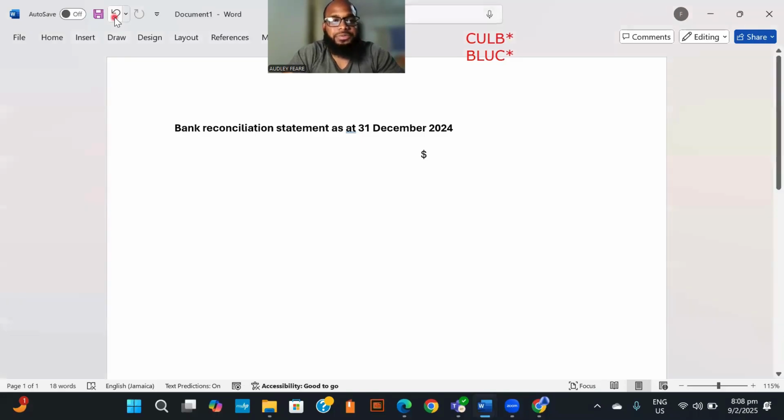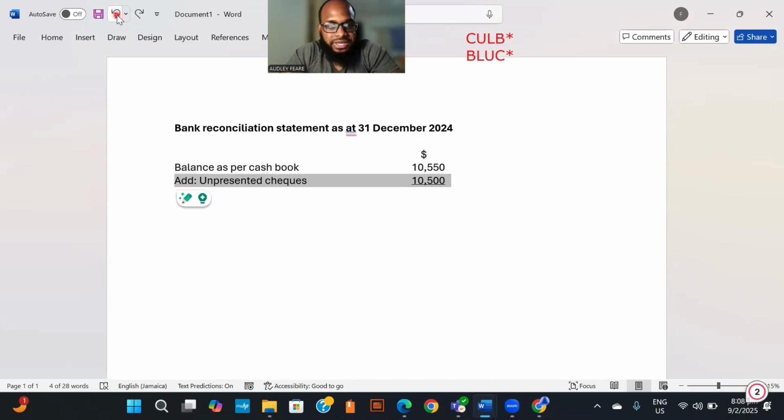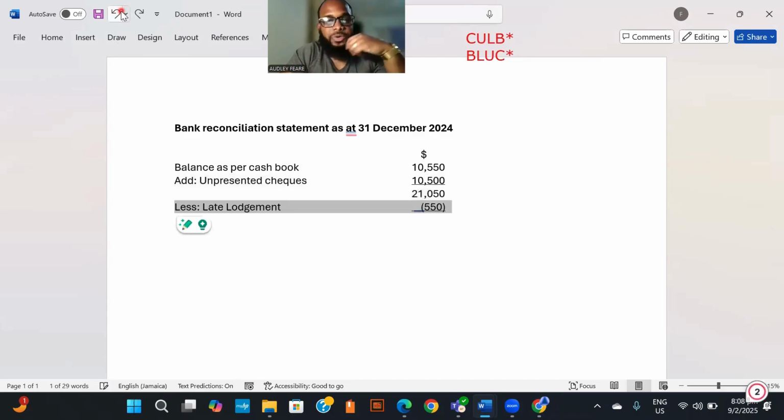So here we go. The balance as per cash book, I told you to write it down, was 10,550. Now we're going to go on to the U, which is unpresented check. Unpresented check was 10,500. Then we have late lodgement. So to add these two, you get 21,050. Then we less our late lodgement of 550.